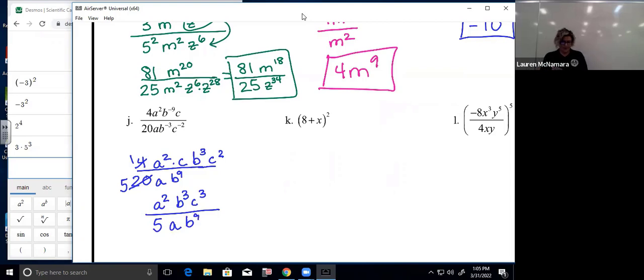So I simplified here. A was just A squared. C times C squared is going to be C to the 3rd, and then I have that B to the 3rd.